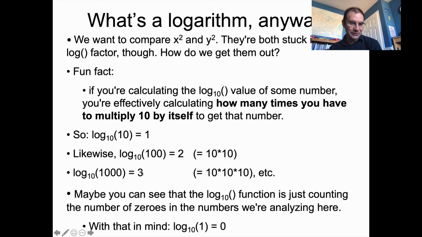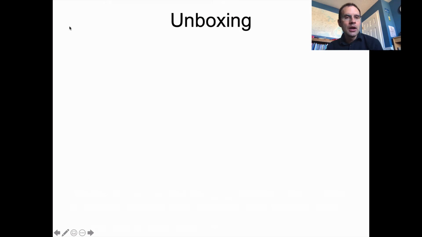This has 3 zeros, so we get 3, and so on and so forth. And if you go the other direction, below 10, like if you go to 1, there are no zeros in that, right? So the log base 10 of 1 is 0. Hopefully that makes sense, but this is the crucial idea: we're calculating how many times you have to multiply 10 by itself to get some number. That's what calculating a logarithm means.